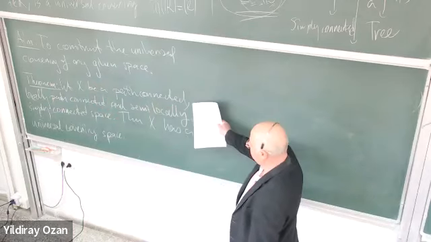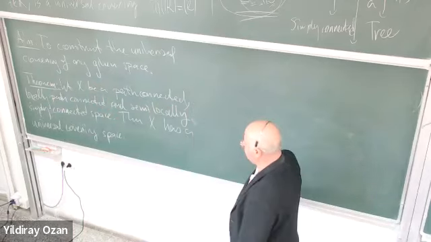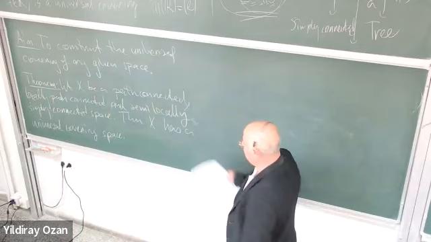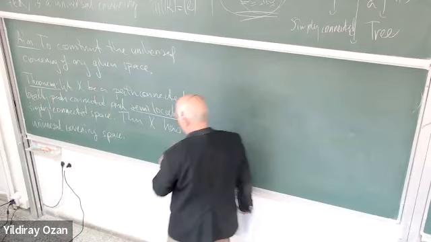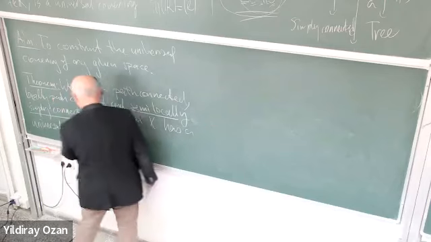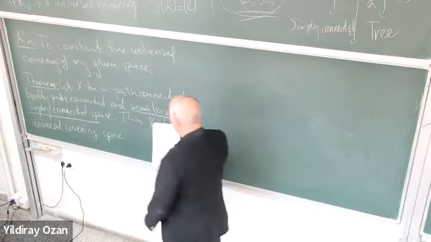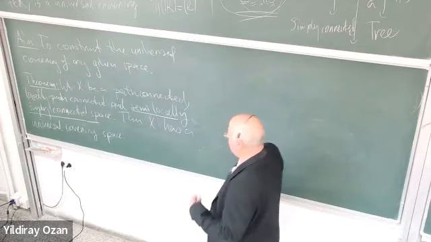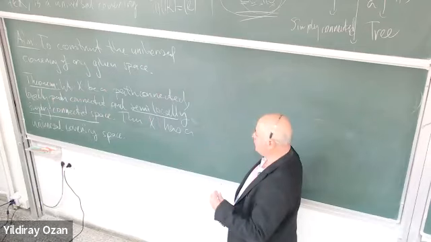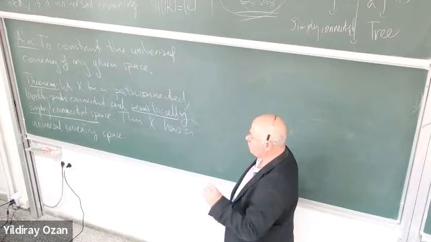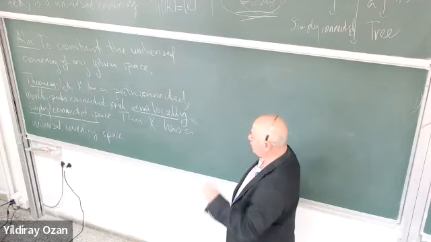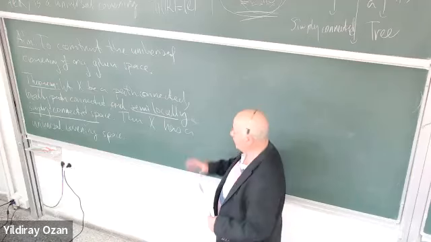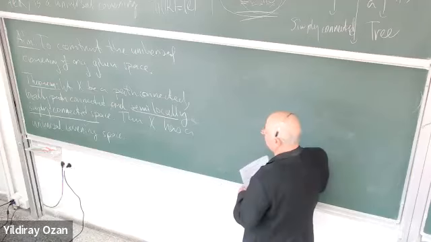We have seen path connected and locally path connected before. What is this semi-locally simply connected space? Locally simply connected is like locally path connected. Given a neighborhood of any point, there is another neighborhood of that point which is simply connected. That is locally simply connected.